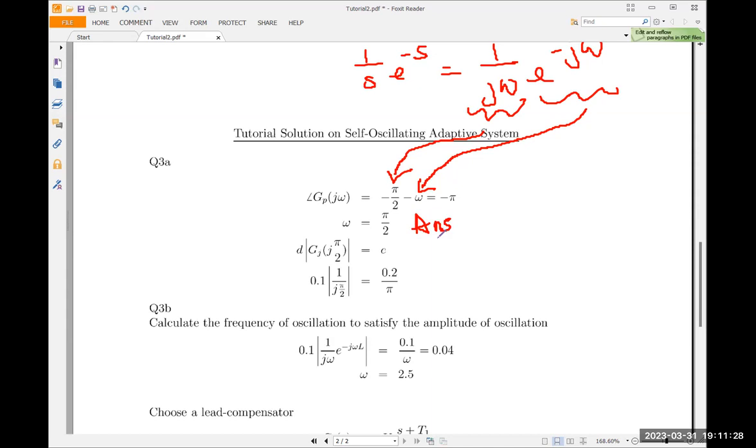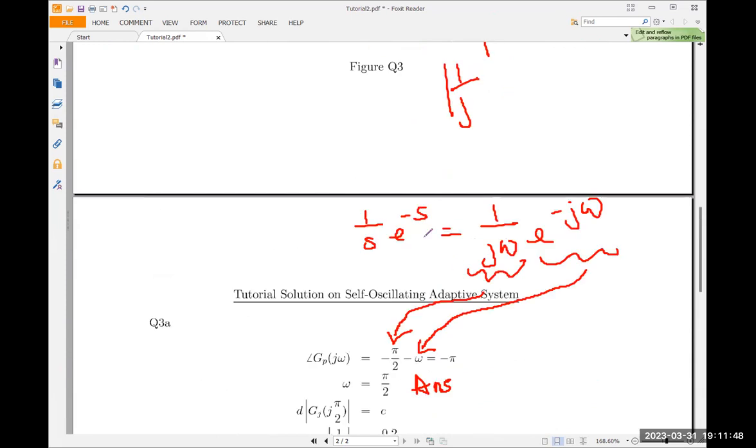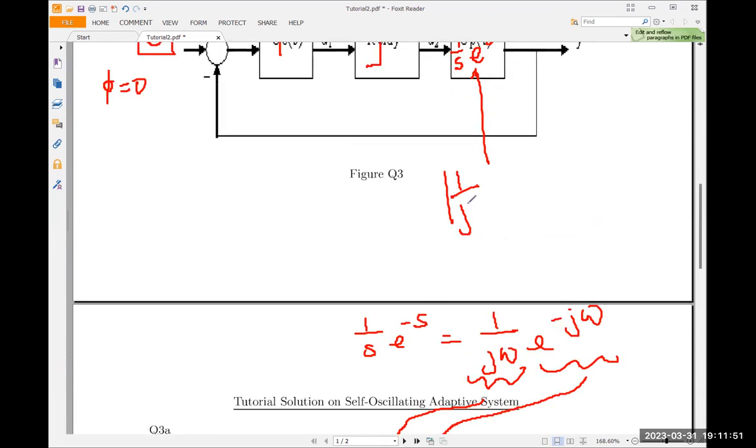Then the second answer: what is the amplitude of the oscillation? So you need to find the magnitude of this. So it's 1 over j, what is omega? Pi over 2. e to the power of minus j pi over 2. All right.